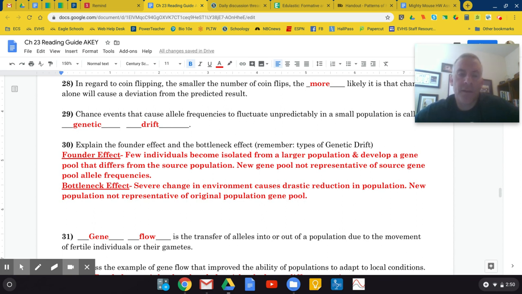The founder effect is that if a few individuals become isolated from a larger population, their gene pool may not absolutely reflect the gene pool of the large source population. So those allele frequencies in that smaller population are different, and that's genetic drift. That's a changing of the allele frequencies just due to chance.